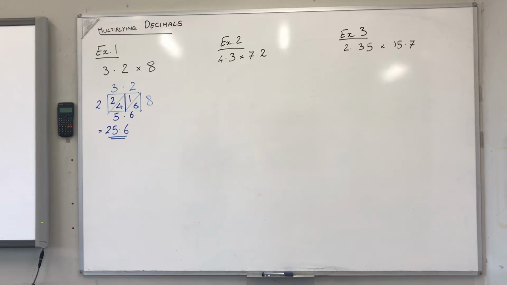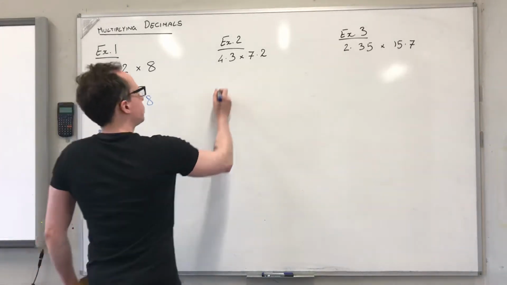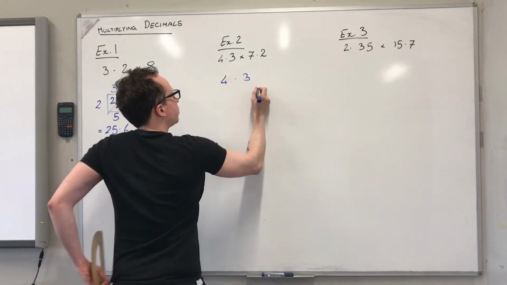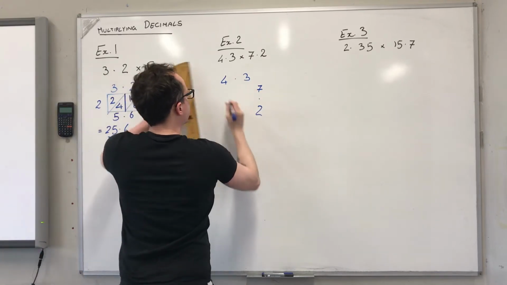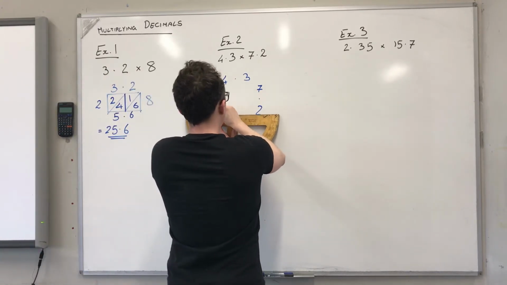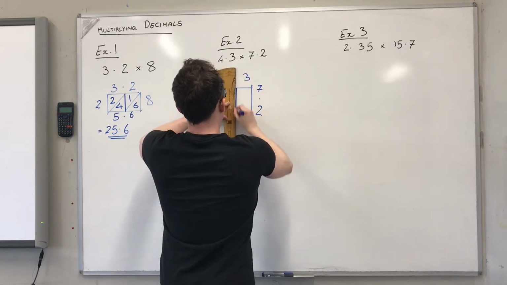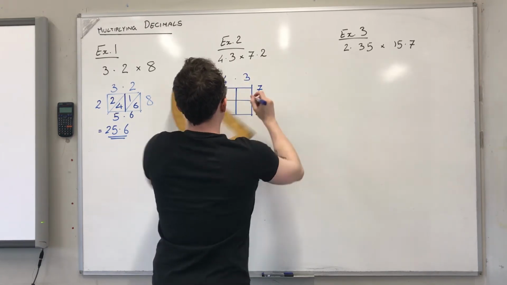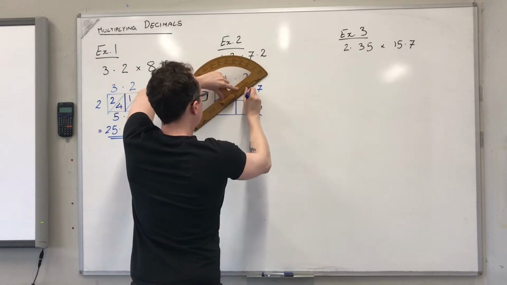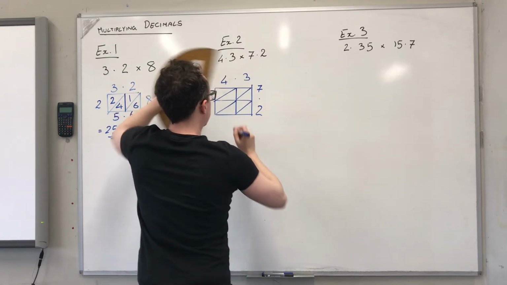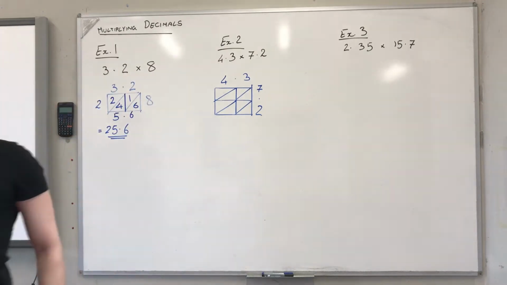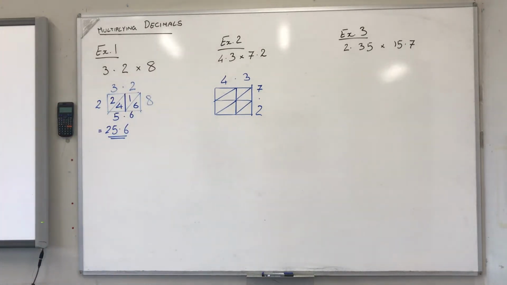Now, unlike the first one, it doesn't matter which order we put them in. So before I fill in these boxes, what I'm going to do is show you where the decimal point should end up.